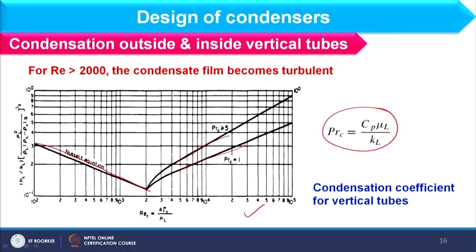Depending upon the Reynolds number and Prandtl number, you can find the value of this factor, okay, and whatever value you obtain will be equal to this, and when you solve this you can find HC, which is the heat transfer coefficient in condensation in vertical tube side or shell side condensation, right.